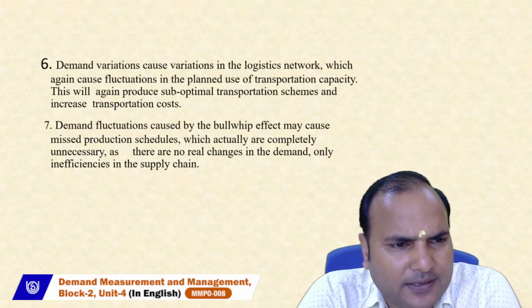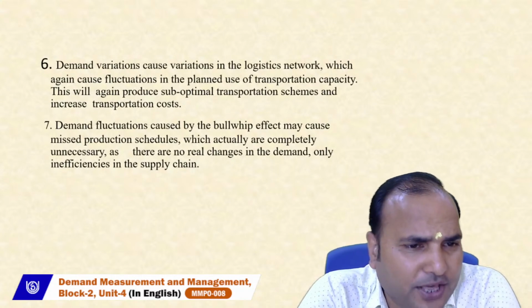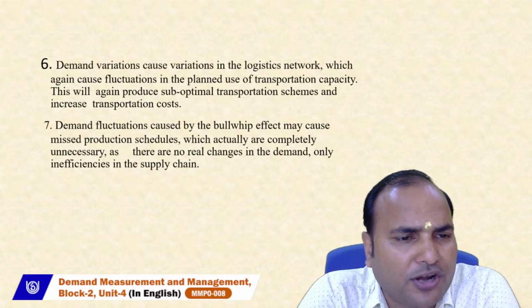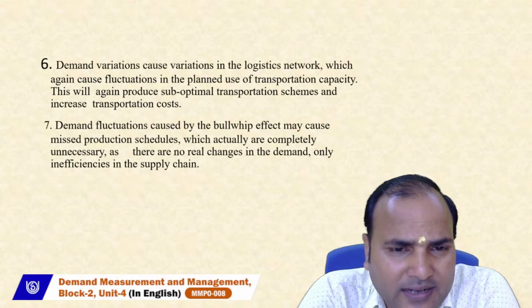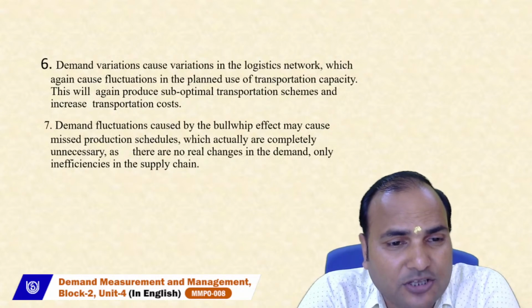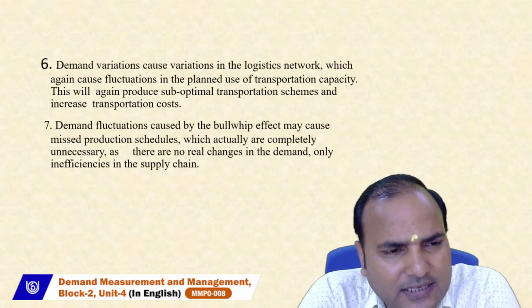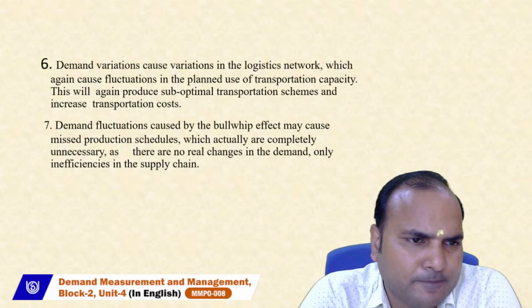This is another effect. And demand fluctuation caused by the bullwhip effect may cause missed production schedules, which are completely unnecessary, as there is no real change in the demand, only inefficiencies in the supply chain. So these are two other impacts of the bullwhip effect.